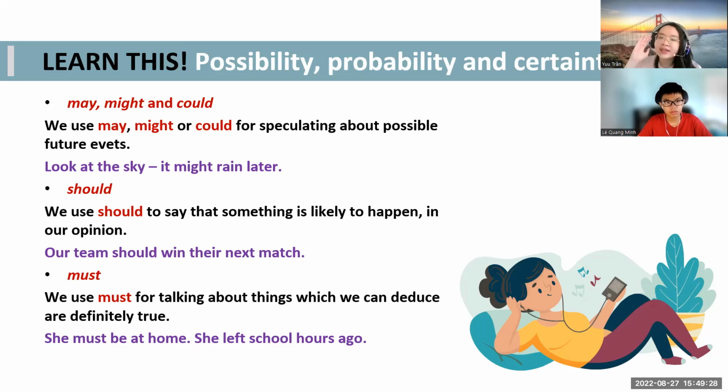I can immediately say that oh, she must be from America. She must be at home. She left school hours ago. Chúng ta thấy là trong câu này must được dùng với chức năng gì? Dự đoán, đúng chưa nào? Dự đoán mà như thế nào? Có căn cứ không? Có, chắc chắn đó là she left school hours ago.